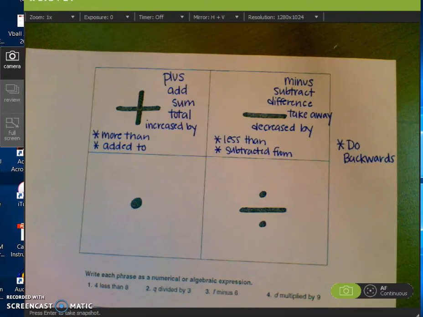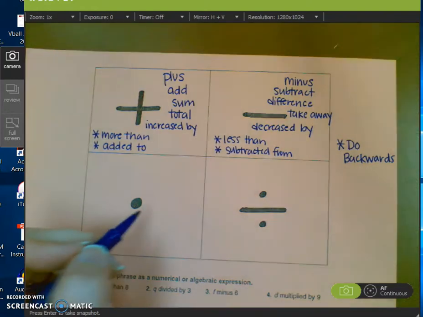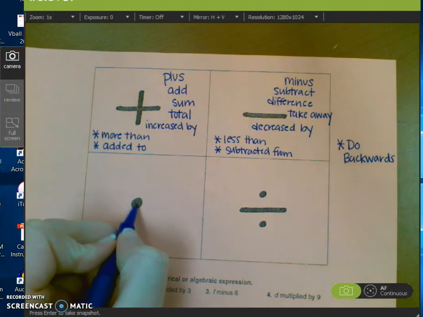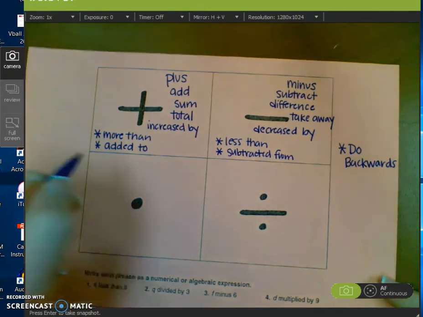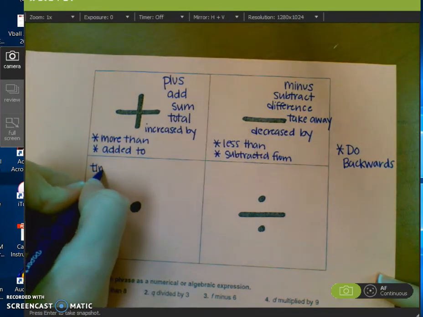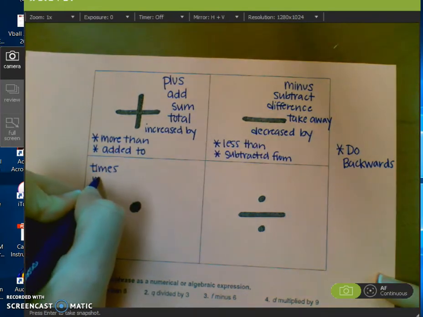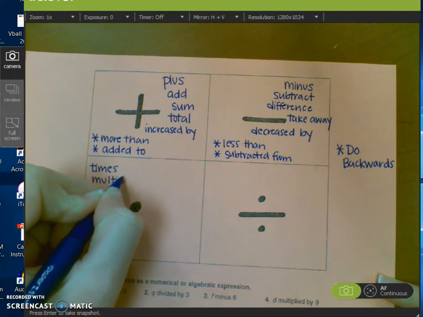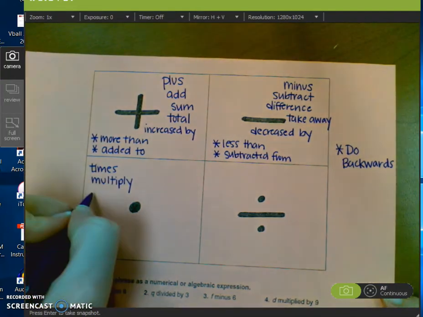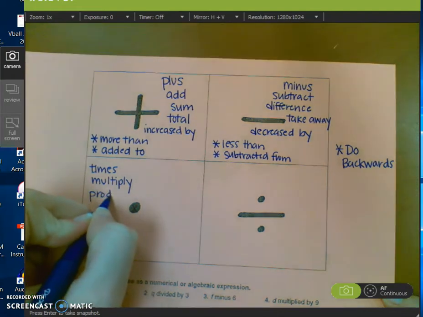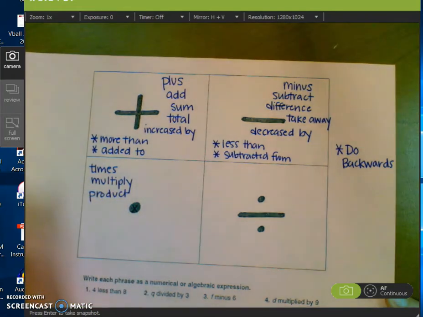Let's try and fill this out and kind of finish up. This little dot, sometimes you also see it as an X. So either way, you should hopefully have come up, maybe you came up with times, multiply, product is another great word that we use.